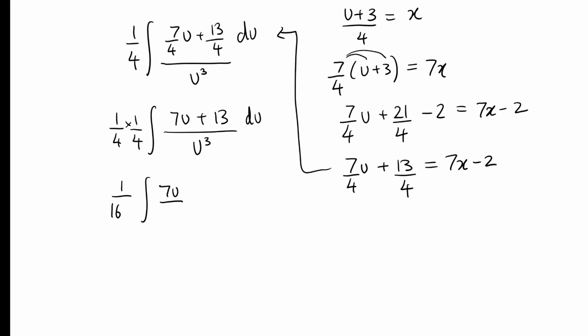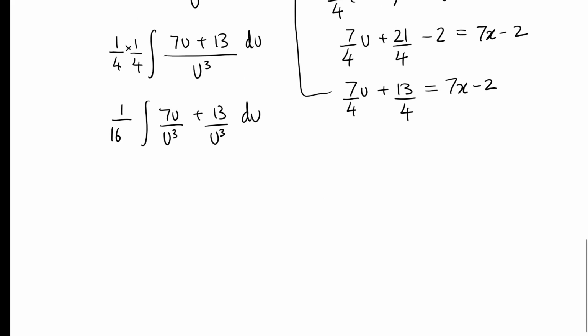So we've got 7u over u cubed plus 13 over u cubed. One last step before integrating. 7u over u cubed is the same as 7 over u squared, which is 7 multiplied by u to the minus 2. And then the same sort of thing for 13 over u cubed is 13 u to the minus 3.